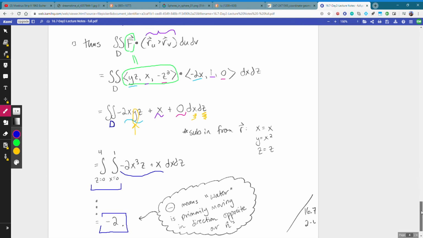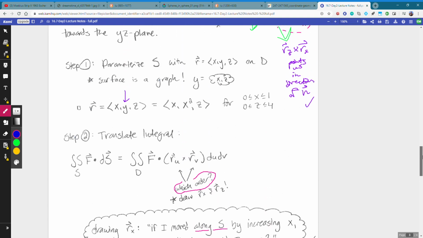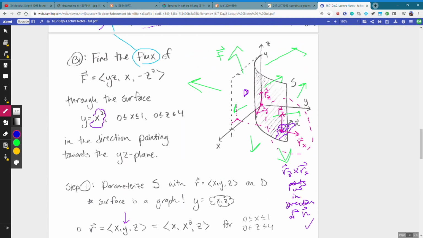So back up in the picture, these green vectors, what they actually look like if we had them sketched, would primarily be wanting to move in this opposite direction, towards the xz plane, opposite this chosen normal direction that we had. So that would be how our water is actually wanting to move.